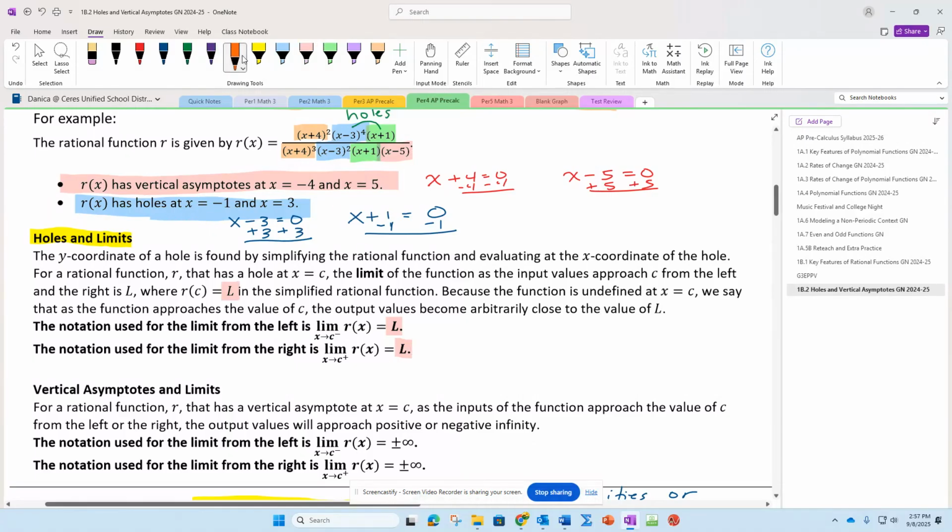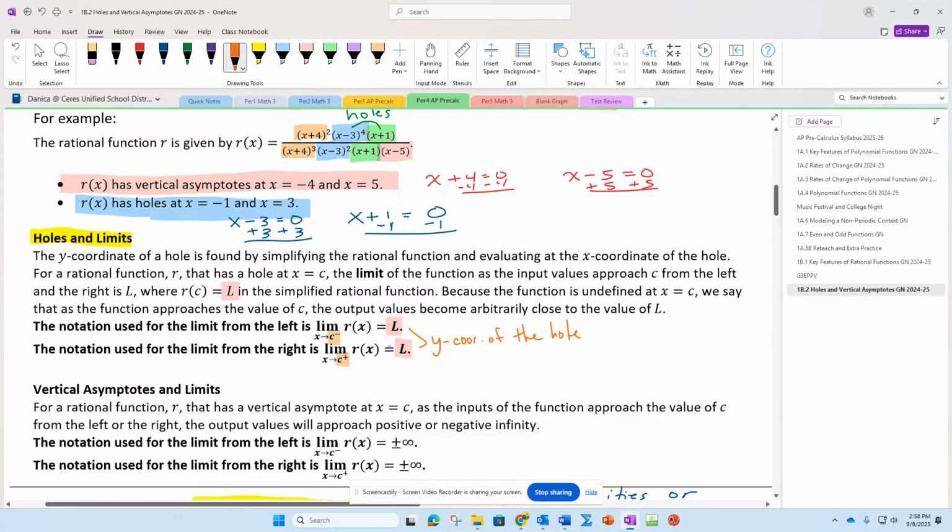So that is the y coordinate of the hole. The x coordinate of the hole is found here with the c.